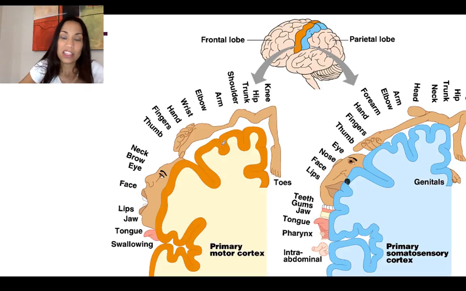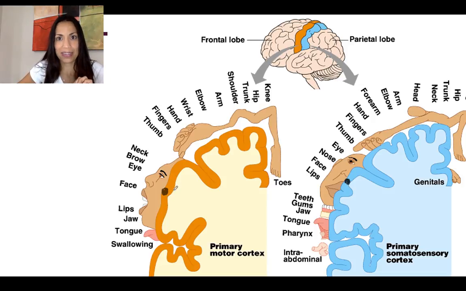Now, the other way around, I can pinpoint a function by having a patient awake during a brain surgery, of course under anesthesia so he can feel no pain, and I can stimulate precisely this area of the primary motor cortex, and I will see the patient contract one of his facial muscles.